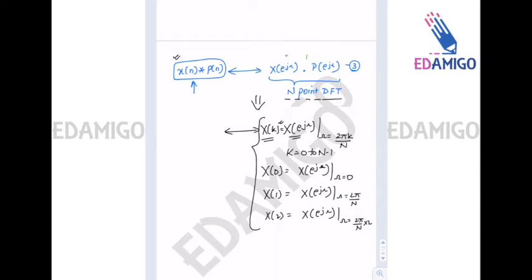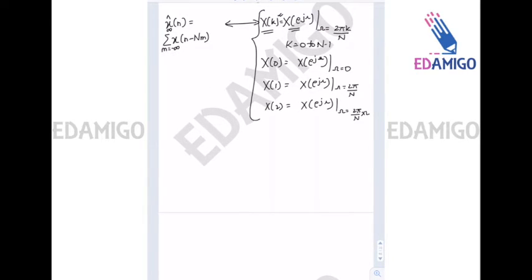It will correspond to the time domain signal, that is x̂[n], equal to the sum of x[n − mN], m from minus infinity to infinity. Now the conclusion: I can write that x̂[n] corresponds to X[k], where this is the N-point DFT.